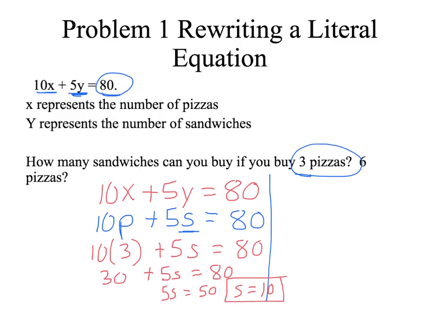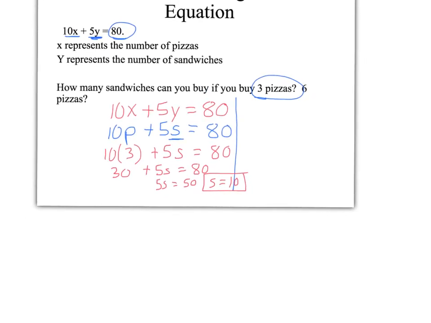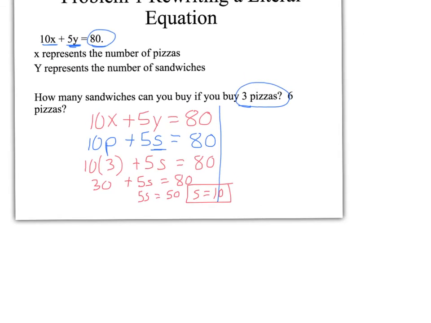Now what we're actually going to do here is, instead of doing it like that, because now it says how many sandwiches can you buy if you have 6 pizzas. So what they really want you to do is solve this equation for the variable s. So if we have 10p plus 5s equals 80, and we solve it for this variable, then no matter what number we want to plug in, we can just plug into the equation.